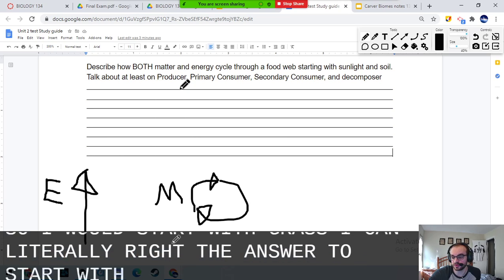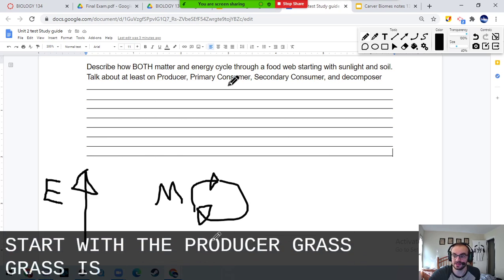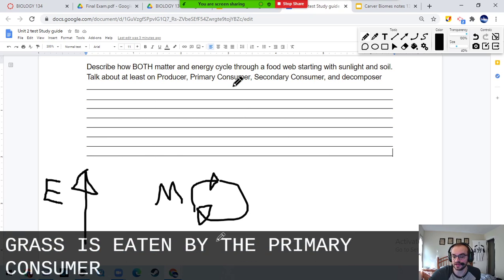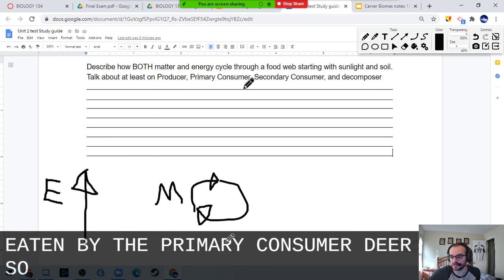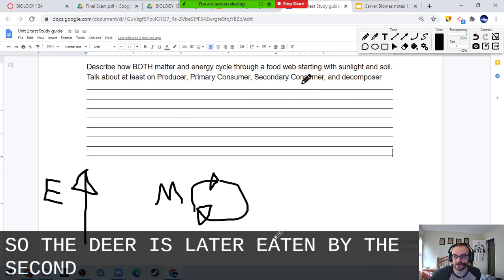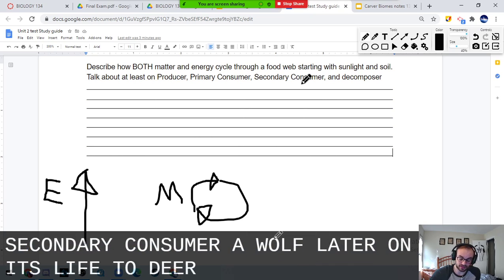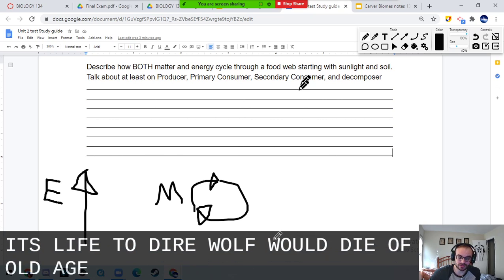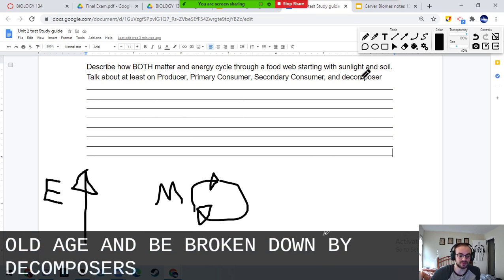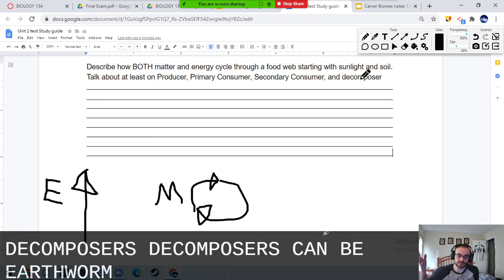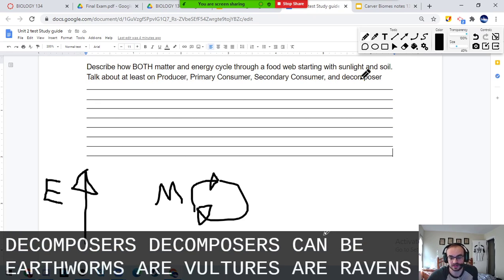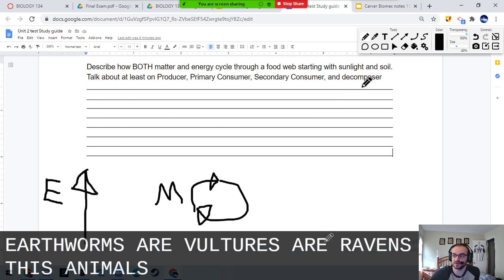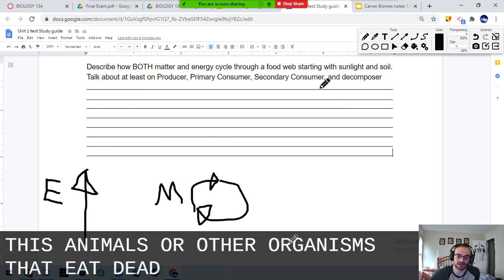I'm going to start with the producer, grass. Grass is eaten by the primary consumer, deer. The deer is later eaten by the secondary consumer, a wolf. Later on in its life, the wolf would die of old age and be broken down by decomposers. Decomposers can be earthworms or vultures or ravens, just animals or other organisms that eat dead things.